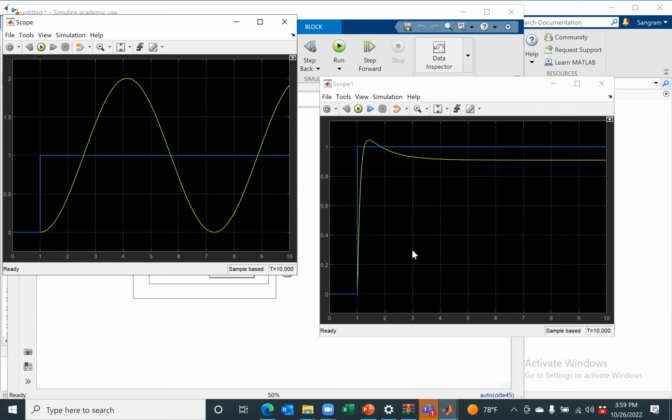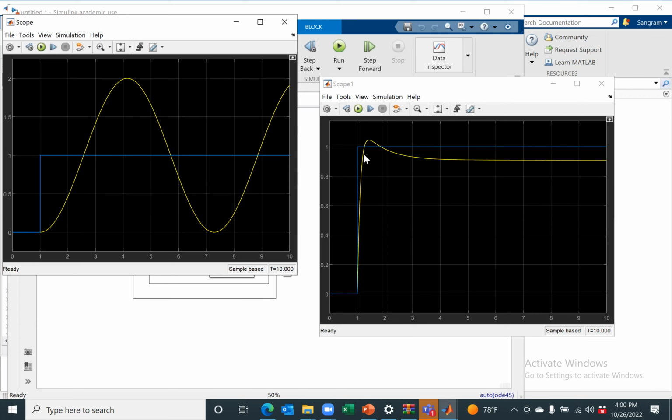So by changing the values of P, I, and D, you can actually change the system behavior. On the left-hand side, you have the uncontrolled system, and on the right-hand side, you have a system that is controlled.